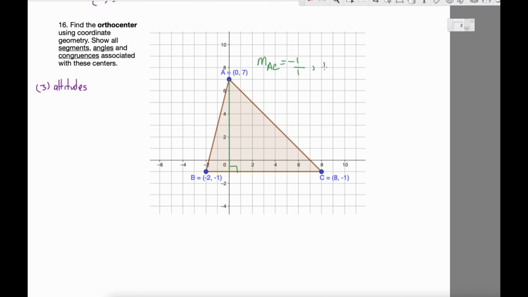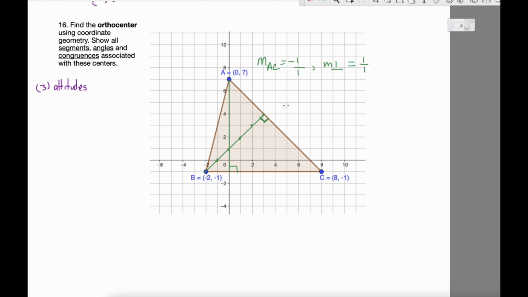Well, what is the perpendicular slope of that? Well, we change the sign and take the reciprocal. It's just 1 over 1. So go to B now, and we're going to go up 1 over 1, up 1 over 1, until we hit our opposite side. This is a 90 right here. Okay, it doesn't bisect. This is not a midpoint. That's something else.